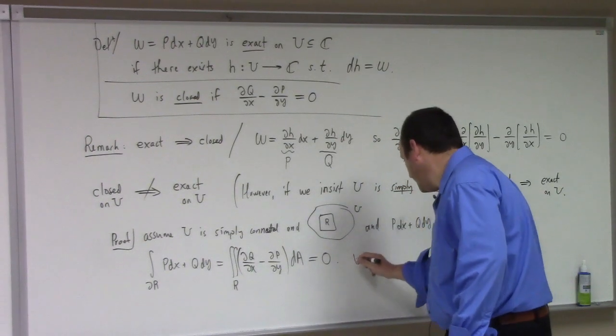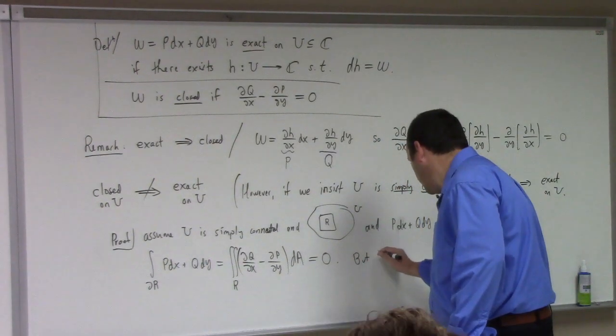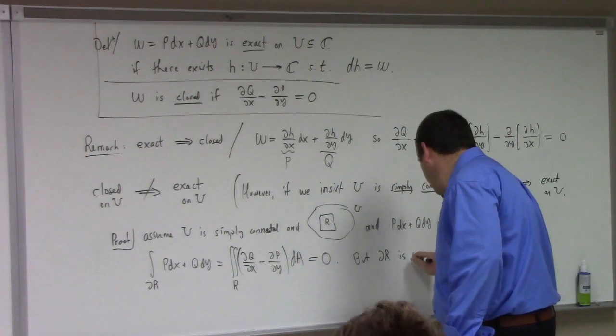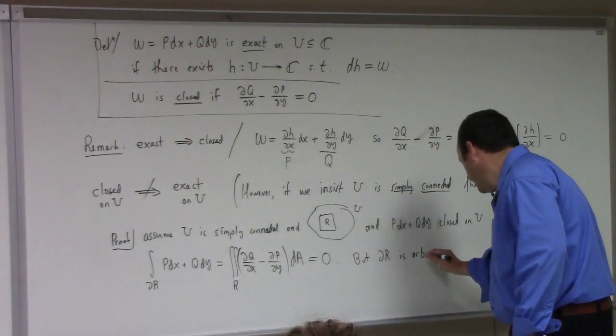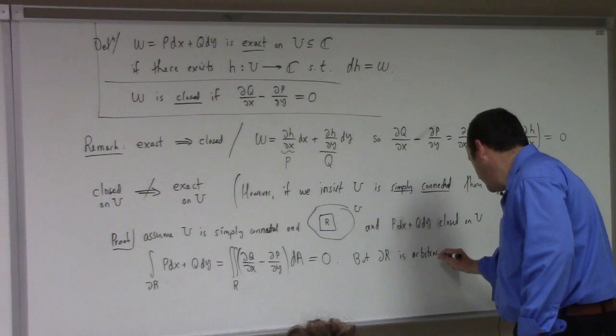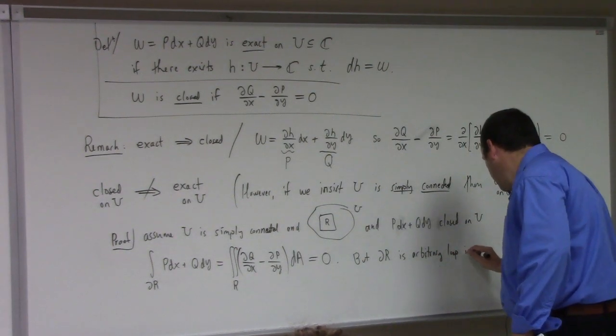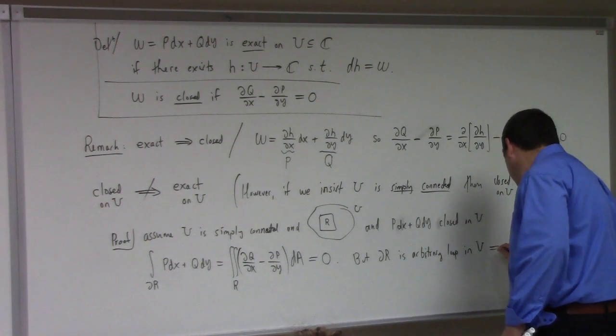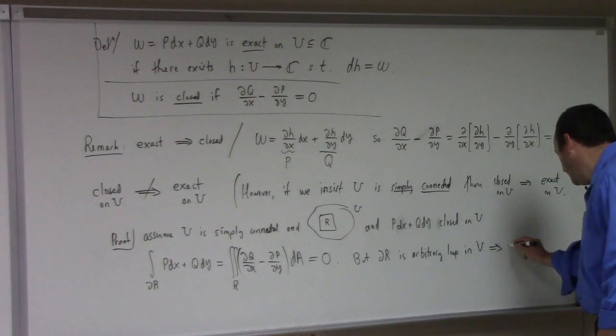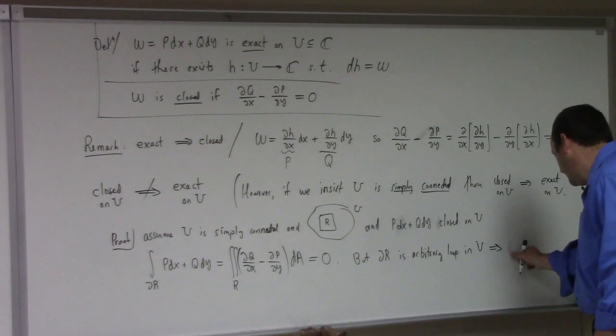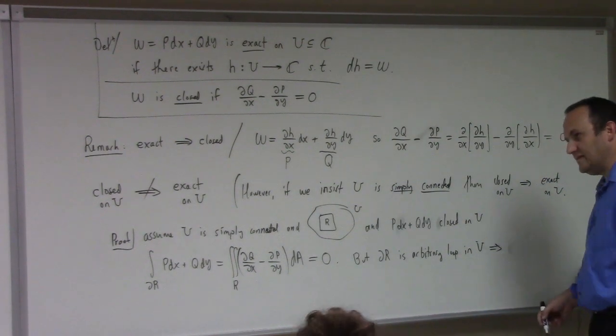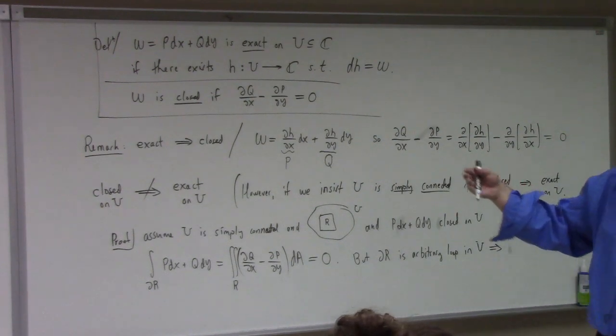But the boundary of R is an arbitrary loop in U, which implies path independence, however you want to look at the equivalence.